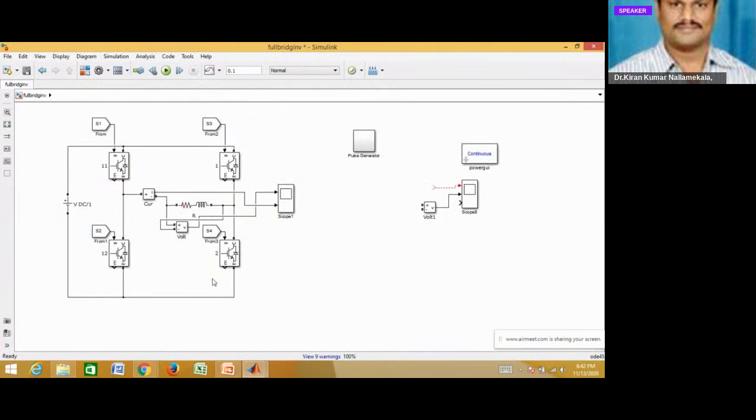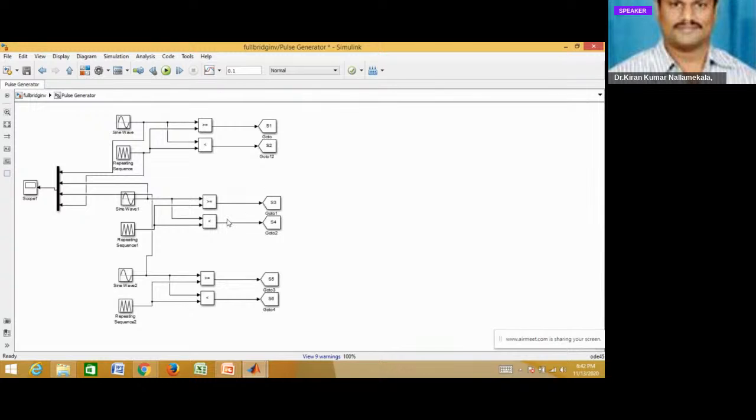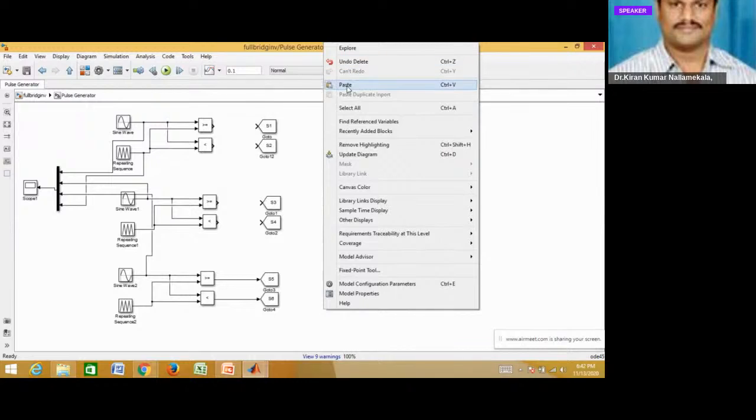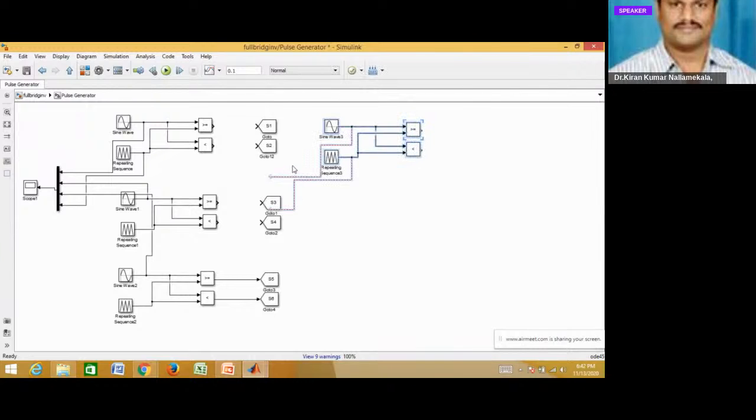This is the full bridge inverter, or a 3-level inverter, where 4 switches are connected together. So here we will generate one sine wave and two carrier waves.